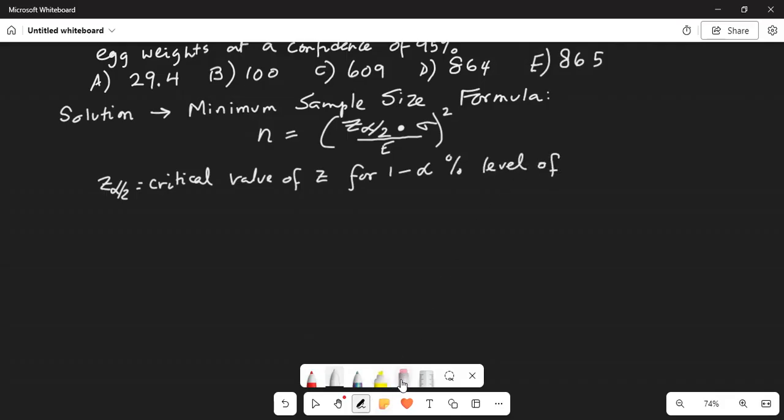Or I should clear 1 minus alpha times 100%. This is multiplied by 100% level of confidence.